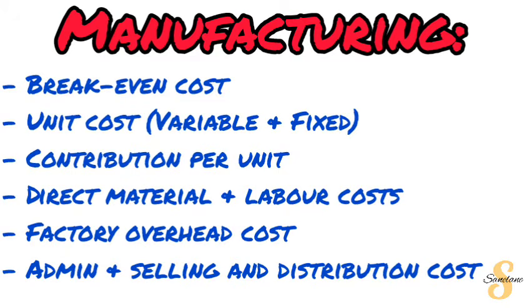Secondly, you need to be able to calculate a unit cost of a product. This now takes us back again to the information that we learned in grade 10. We are bringing it with us to grade 11, and that is the information on variable versus fixed cost. Are you able to determine the fixed costs of a product, and are you able to determine the variable costs of a product?